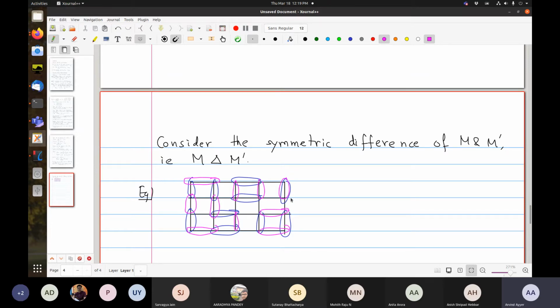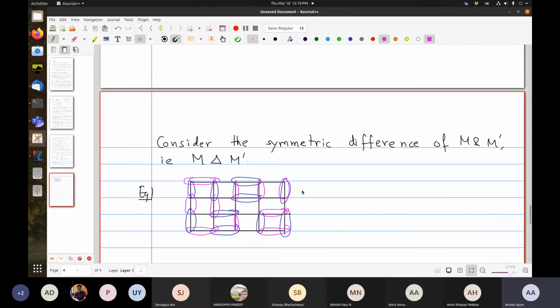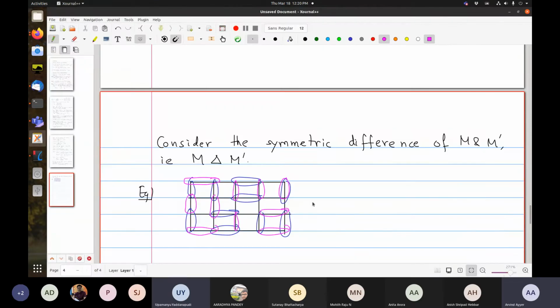So can anyone from this figure tell me what is going to be left out? What are you going to get? What kinds of subgraphs are you going to get? Like cycles, very good. But what kinds of cycles? There'll be even cycles. Even cycles, very good.